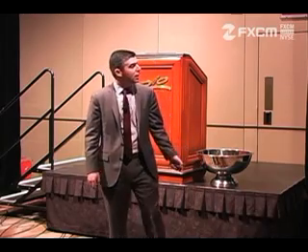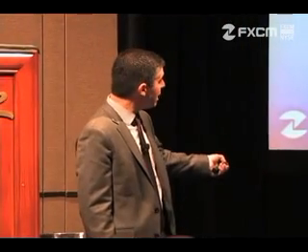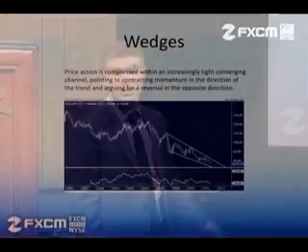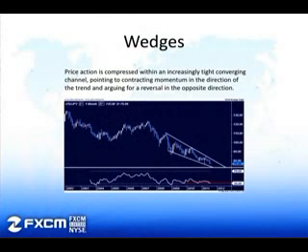Now, one word of caution here. These lines are contracting. Eventually it will break out anyway, because eventually those lines will meet and prices will just trade out of the triangle. So you do want to see a breakout with perhaps some space here.